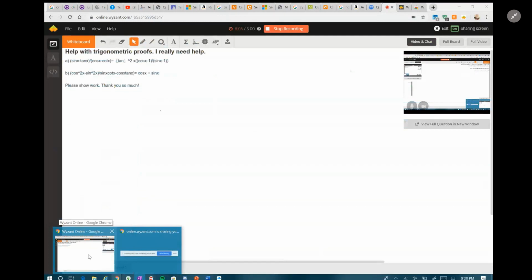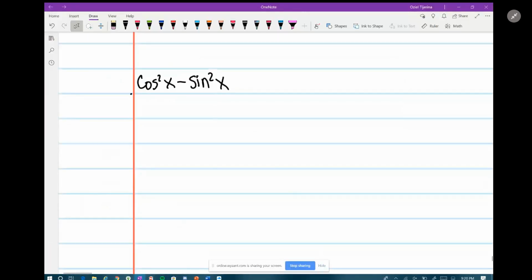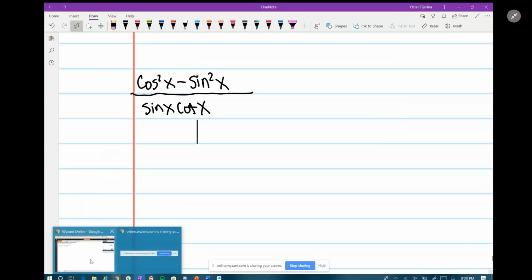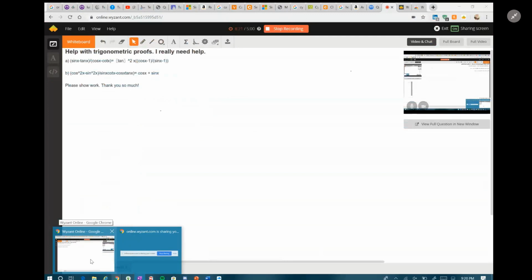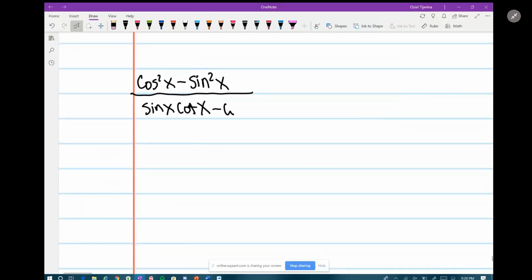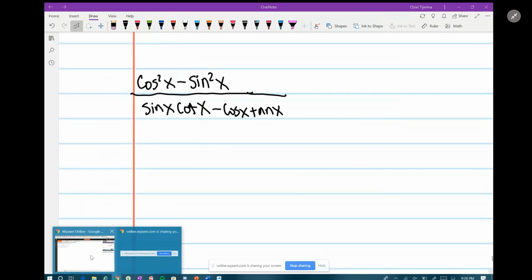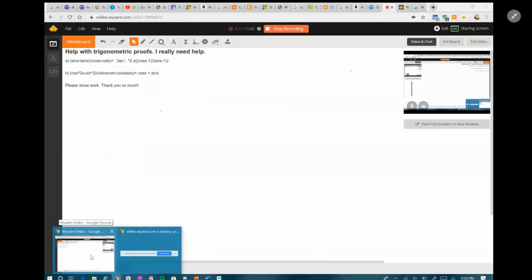Over (sine of x cotangent of x minus cosine of x tangent of x), and that's equal to cosine of x plus sine of x.